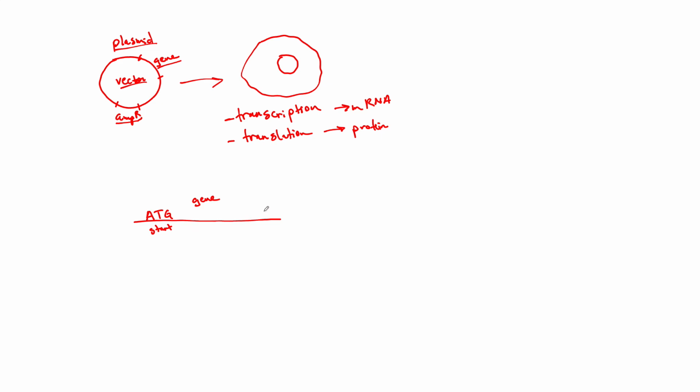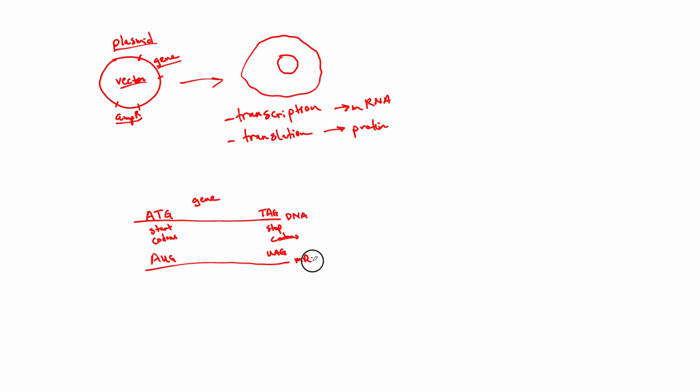We also have at the other end of the gene a stop codon, and that indicates to the ribosome we should stop translation here. So these two things, the start and the stop codons, regulate translation. And when the ribosome is reading the mRNA, by the way, in the mRNA it would be AUG and UAG. This would be the DNA, ATG and TAG, but when it's transcribed into mRNA, it would be AUG and UAG.